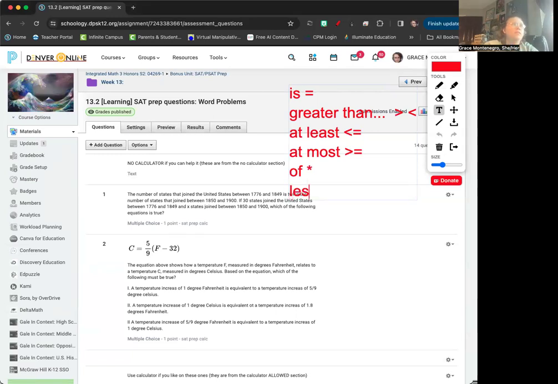Sometimes less than and greater than actually mean plus or minus, because it would say 4 less than. That means minus 4.